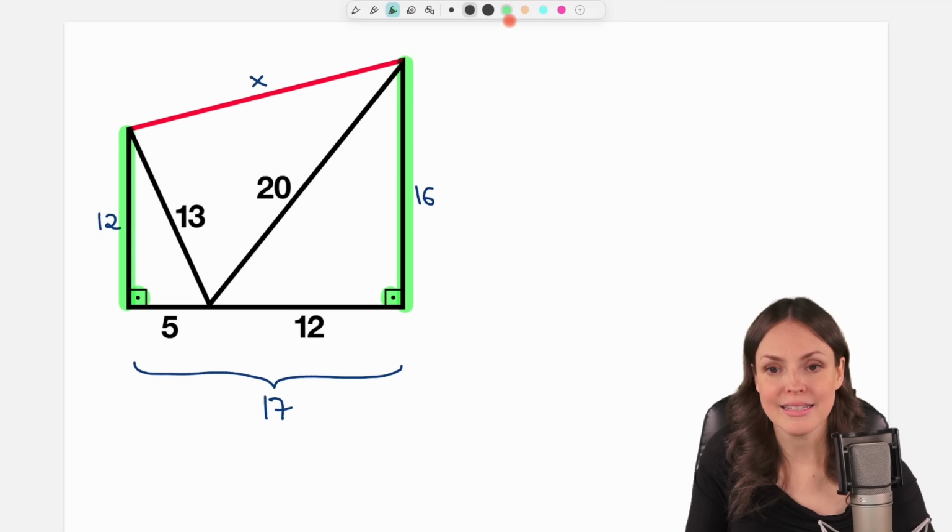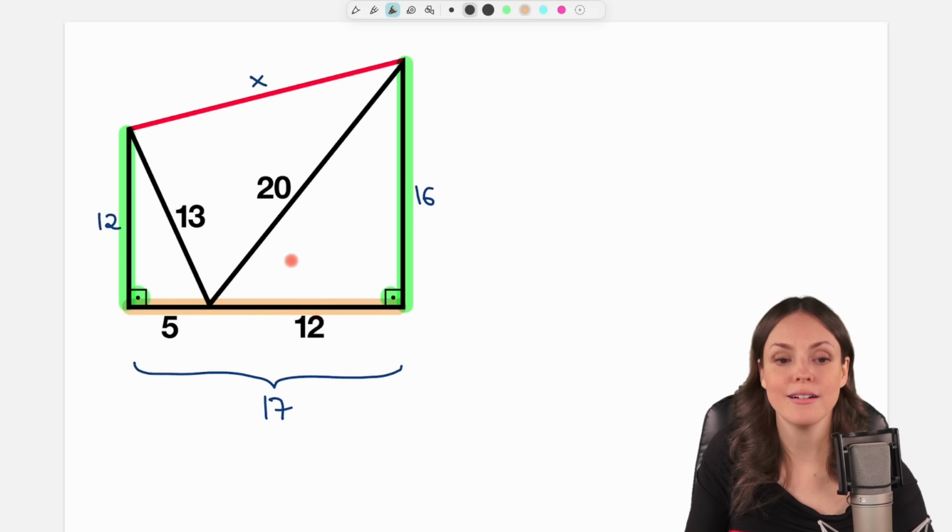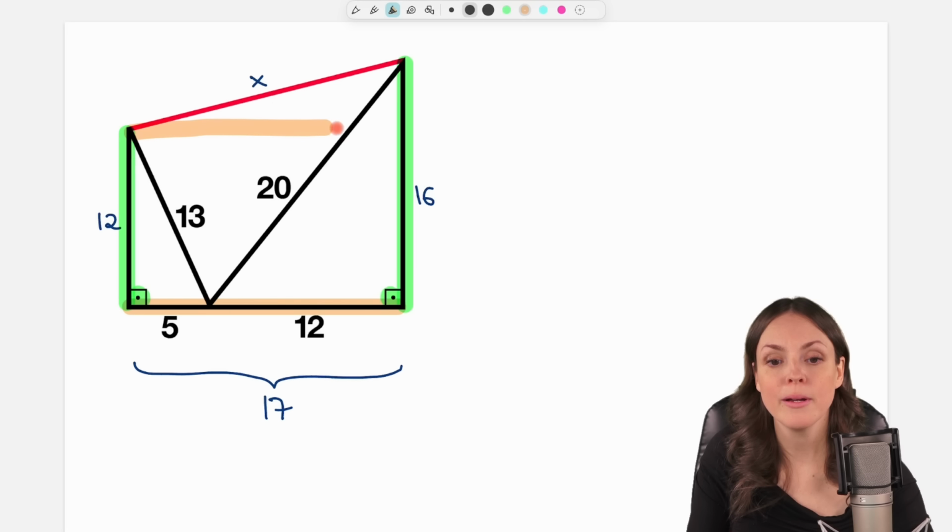And this distance, let's make the distance here orange, is the same here as it is up here. So here I could draw a line where we have another right angle here, and I know that this line is of length 17. Now my x is part of a right triangle.